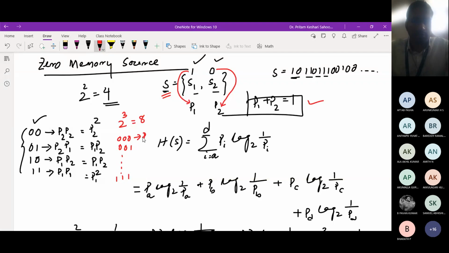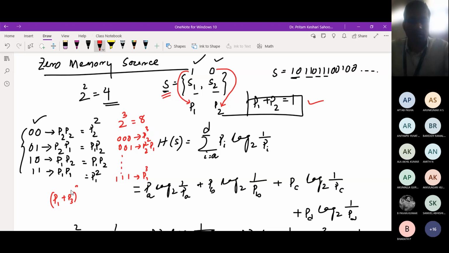It will have P2 cubed for 000, P2 squared into P1 for 001, and similarly, the final one will be P1 cubed.